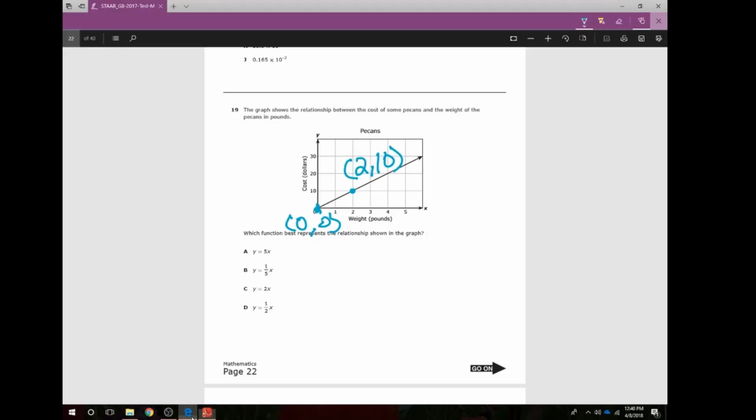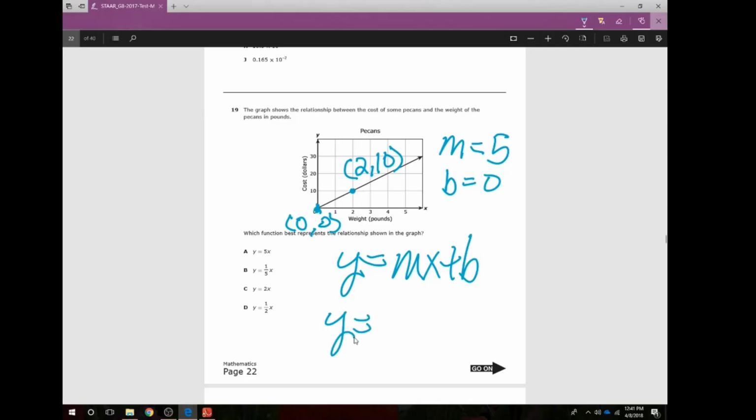So I go back here. Right. M equals 5, and B equals 0. So what we do here is remember, we want a y equals mx plus b equation. So our y equals, our m is 5, so we put 5x plus 0.